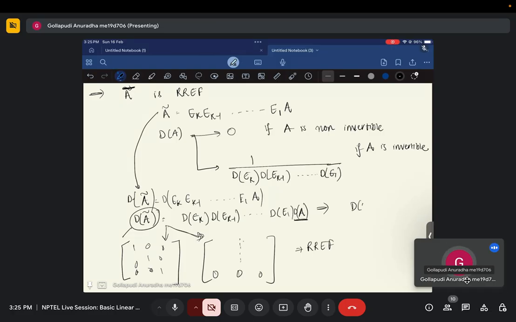So you can say this as determinant of A tilde by determinant of Ek, determinant of Ek minus 1, down to determinant of E1. This will be either 0, if it is non-invertible, or else it will be in this form. So I hope this is clear for you.